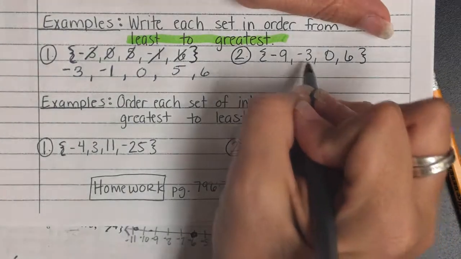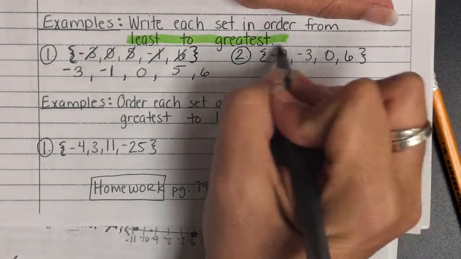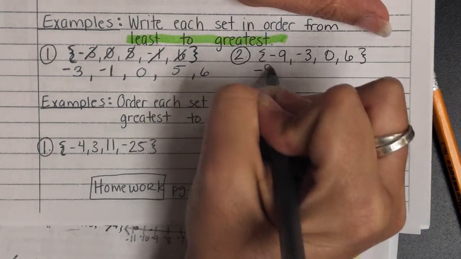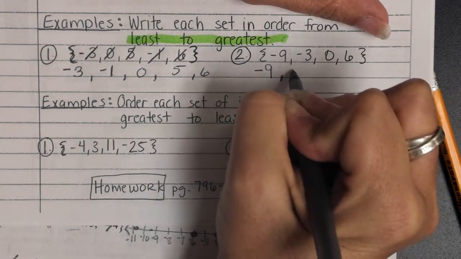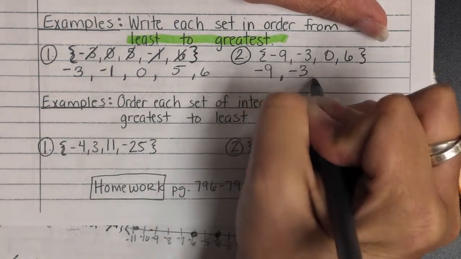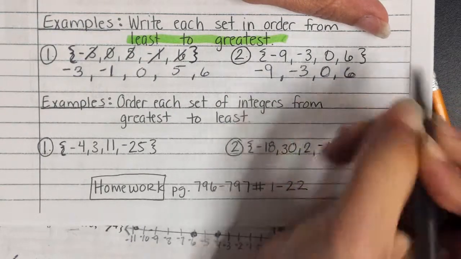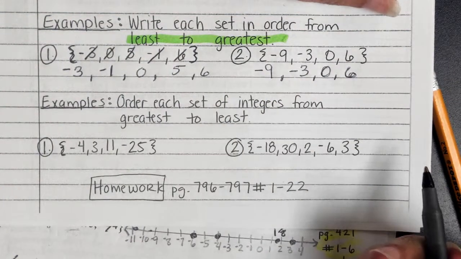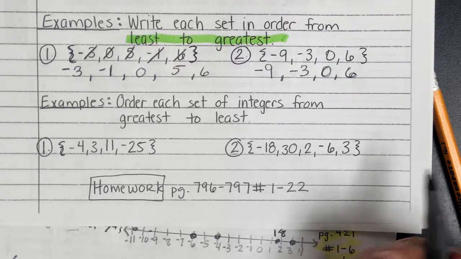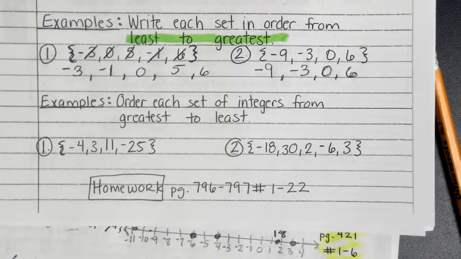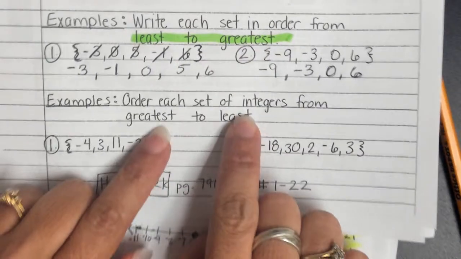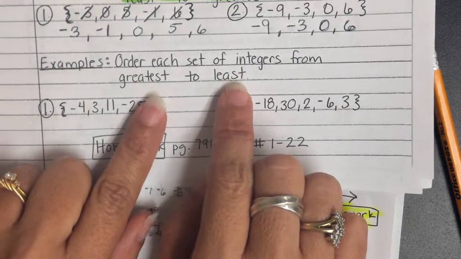So let's look at this one. Smallest would be -9, then -3, then 0, then 6. That one's kind of goofy, but listen, they do that sometimes. Okay. Make sure you read directions because this says, the next part, question.